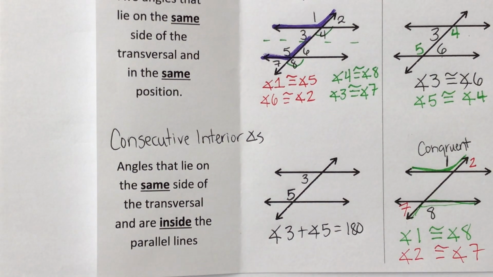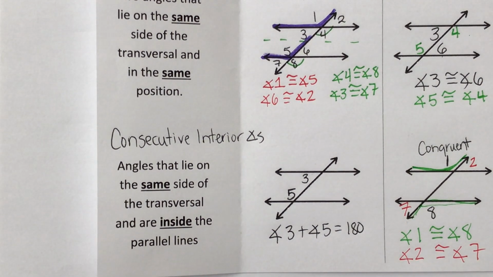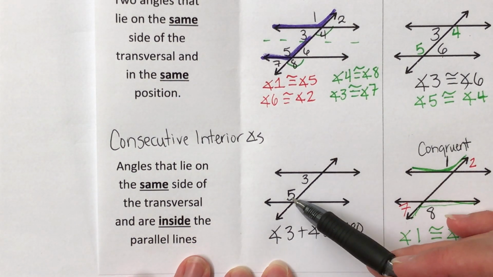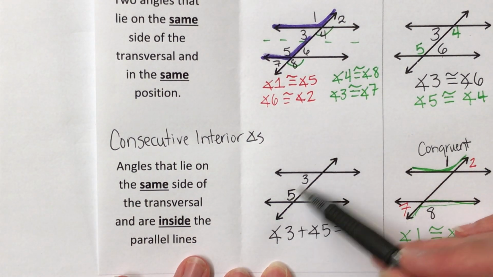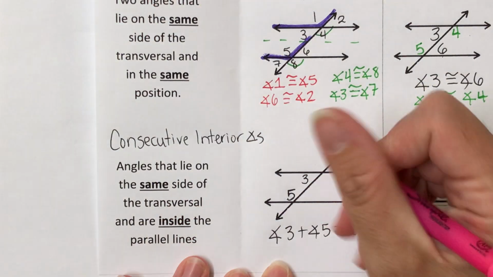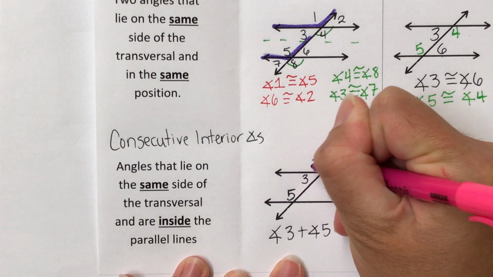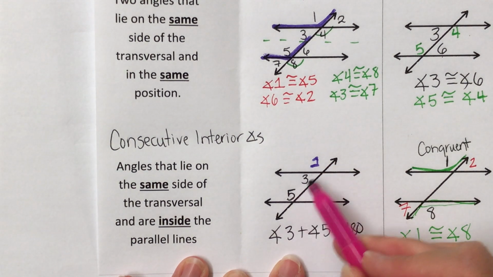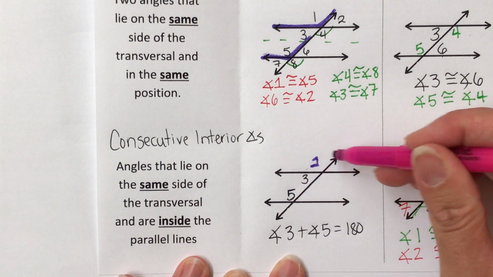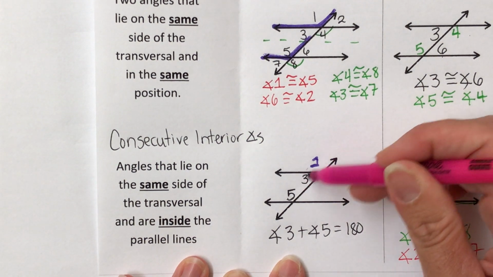Now, there's a whole proof behind this as to why they're going to be supplementary. It goes back to vertical and corresponding. You see how angle 5 is corresponding to this angle 1 right here? So 5 and 1 are congruent, and then 1 and 3 are supplementary because they're a linear pair.